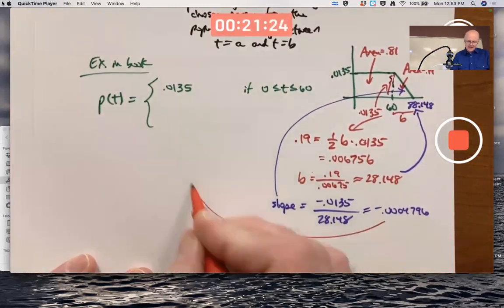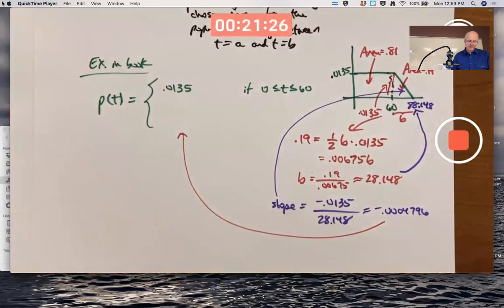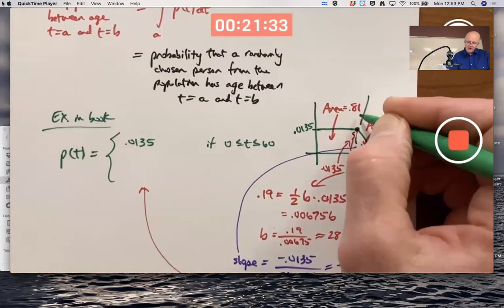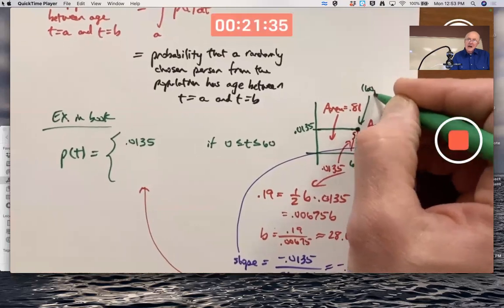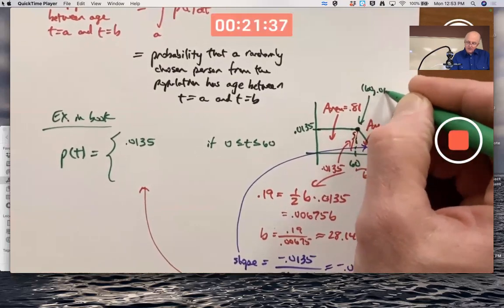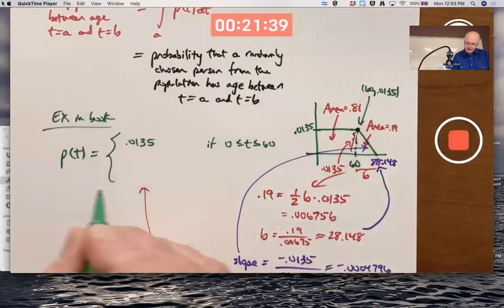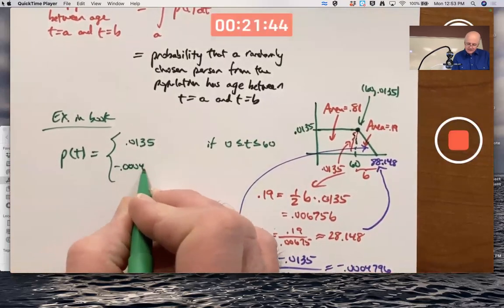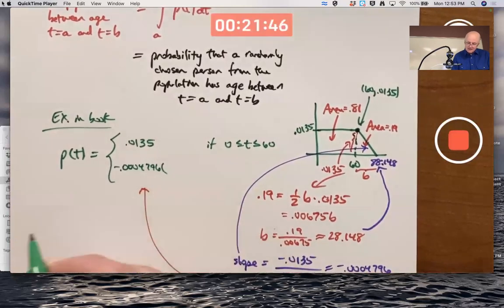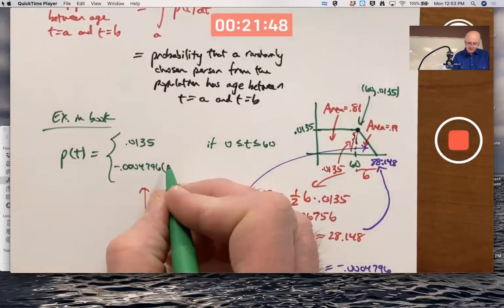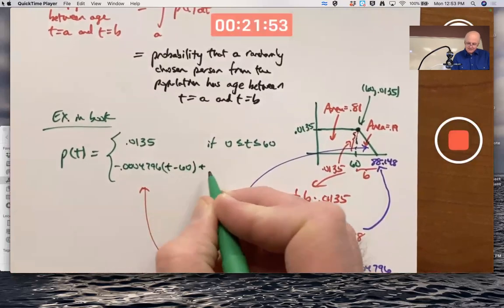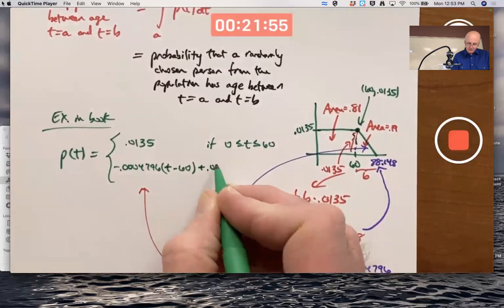So let's use that now for the formula. I could also use the fact that this point, whose coordinates are 60, 0.0135, is on that line. So it turns out I can write the formula as negative 0.0004796 times, in parentheses, and this is a little trick I'm going to show you here, t minus 60, plus 0.0135.